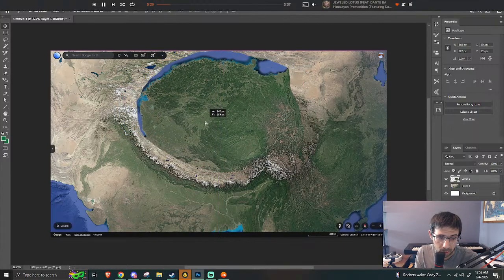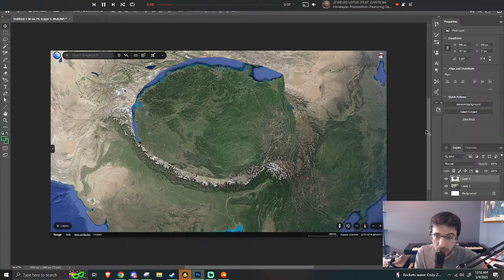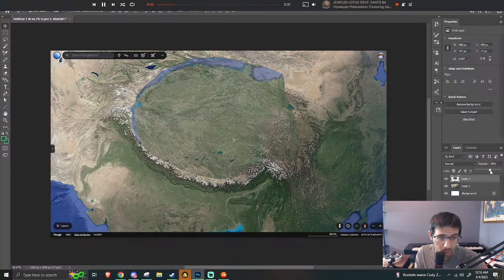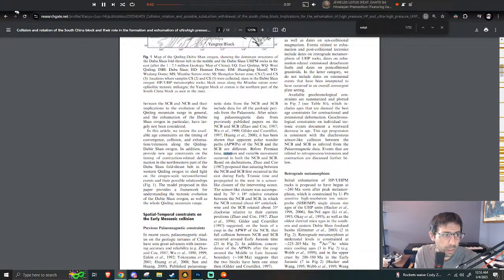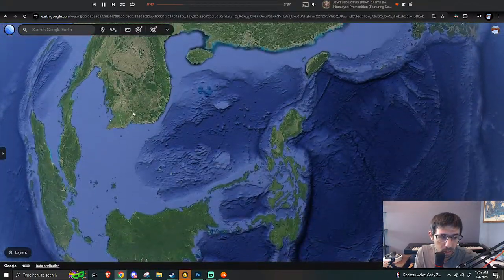Interestingly, if this is generally in this area, it covers Tarim Basin. That's... Oh shit, okay.